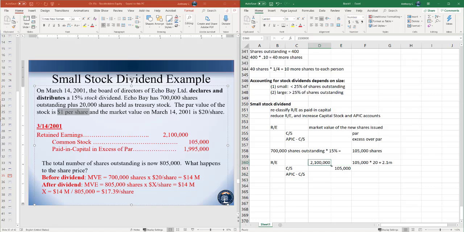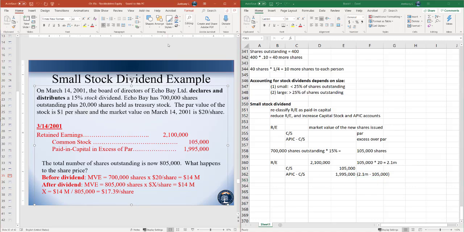The excess of the 2.1 million over par goes into your APIC amount. That gets you to 1,995,000, right? This is your 2.1 million minus the 105,000. Okay, so that's your journal entry.